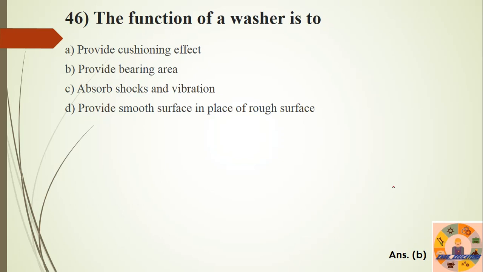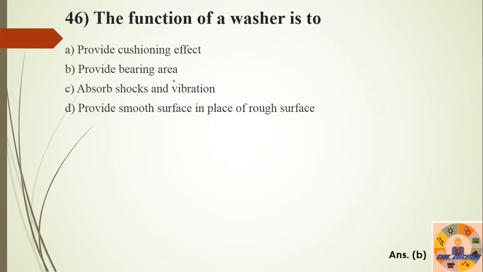The next question is, the function of a washer is to option A provide cushioning effect, option B provide bearing area, option C absorb shocks and vibration, or option D provide smooth surface in place of rough surface.